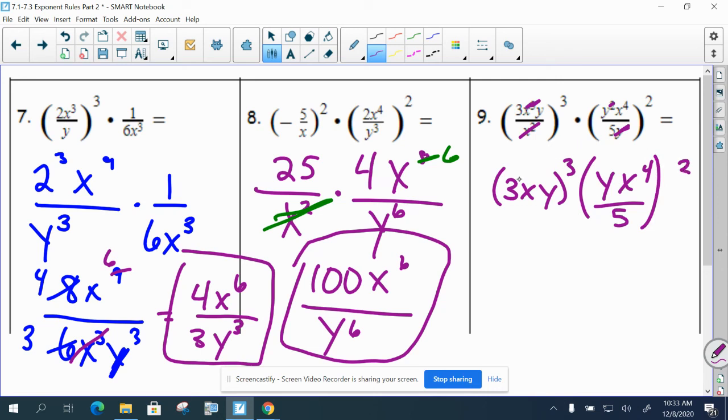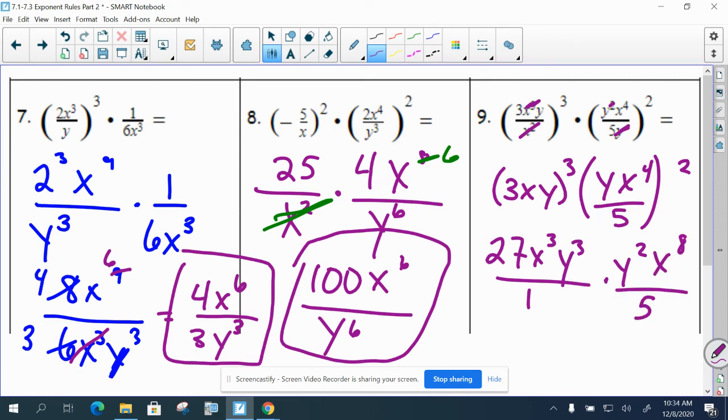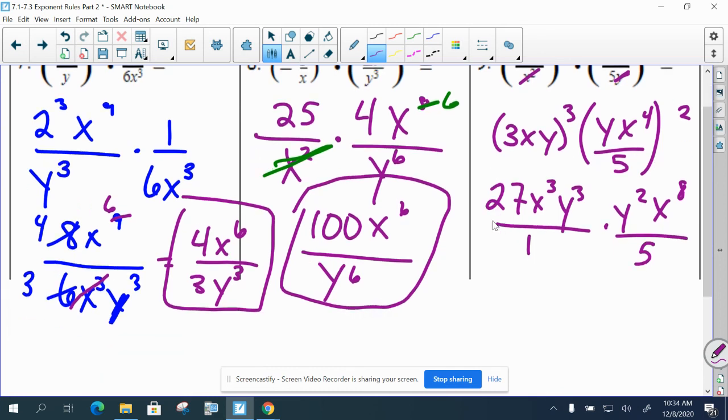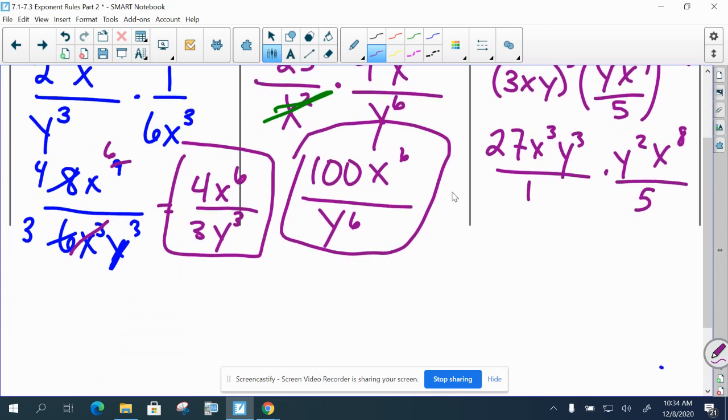All right, then let's distribute the exponent. So this would be 27 x to the 3rd, y to the 3rd, and then over 1 times y squared times x to the 8th over 5. Okay, if I combine everything then, we're going to have 27, and then we add exponents when we multiply them.